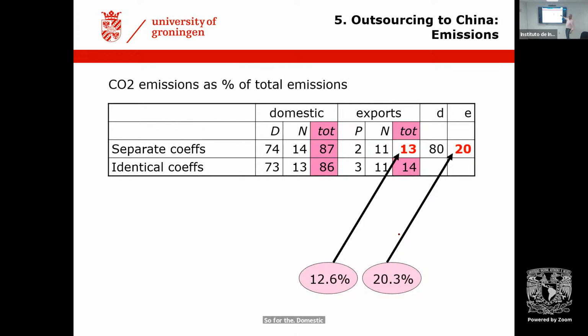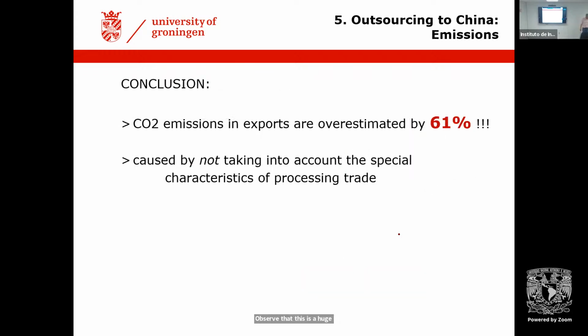This 20% is the 23% that we used before. And this 13% actually is 12.6%. Observe that this is a huge difference. It means that the CO2 emissions in the export are overestimated by 61%.